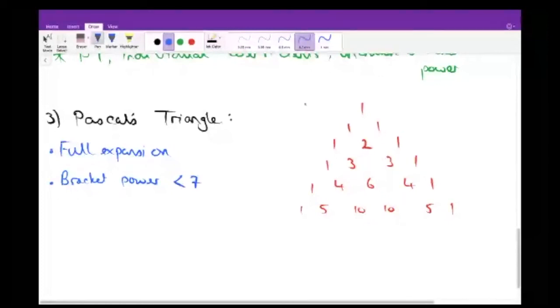And the way you use it is the row that you're looking at is equal to the bracket power. So again, confusingly starting at 0, 1, 2, 3, 4, 5. I mean, the other way you could remember it is that the number here is which power we're at.